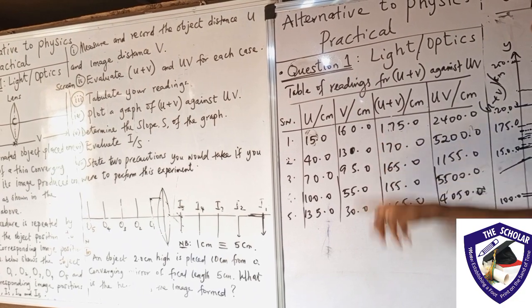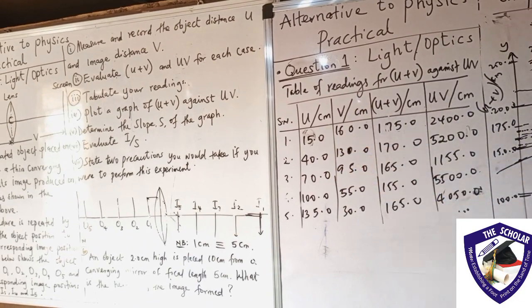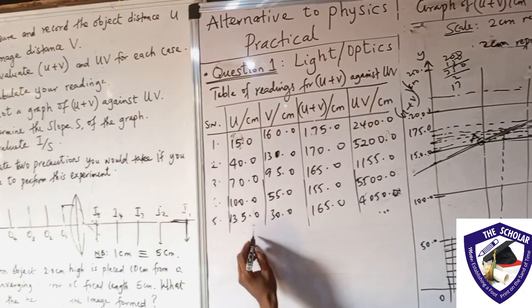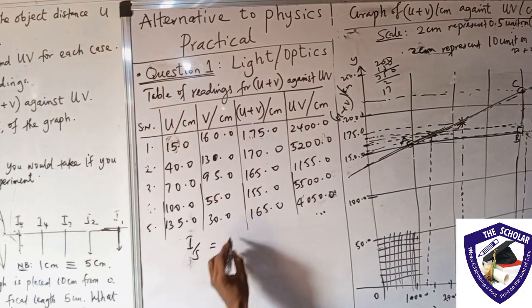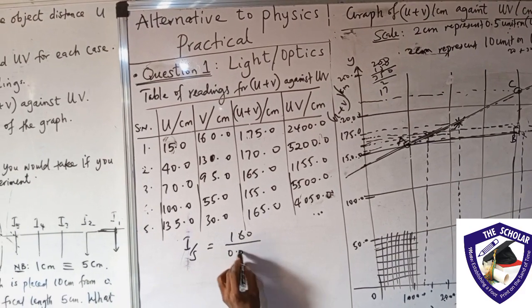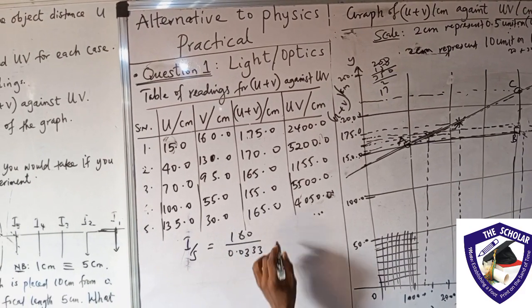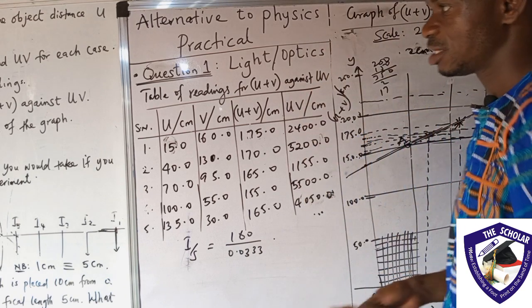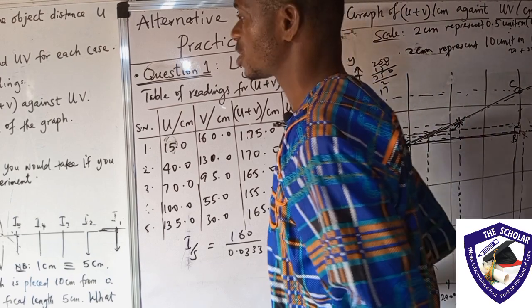And our I1 is 160. So my I over S is equals to 160 divided by the slope 0.0333. That'll give you your answer, so use your calculator to get the final answer.